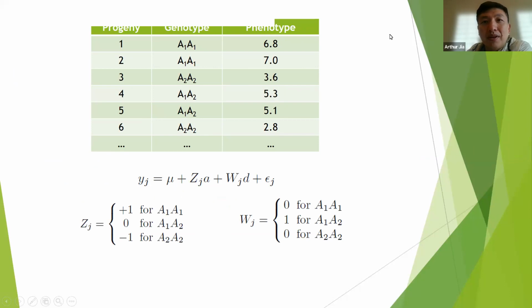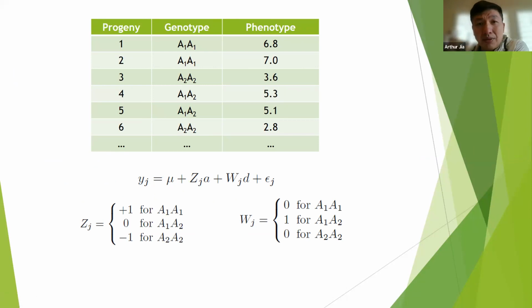In the previous chapters, we talked about how we can use a linear combination model to help us test any potential locus in a specific design, for example, the backcross design or F2 design. Here we suppose we use an F2 design.